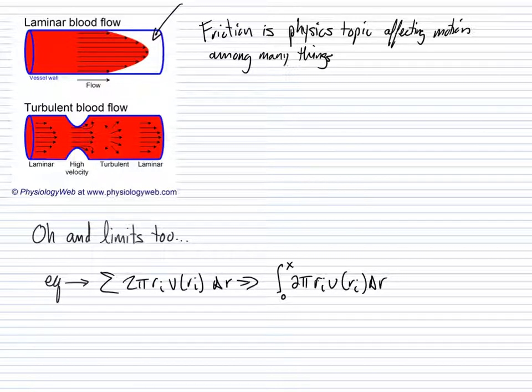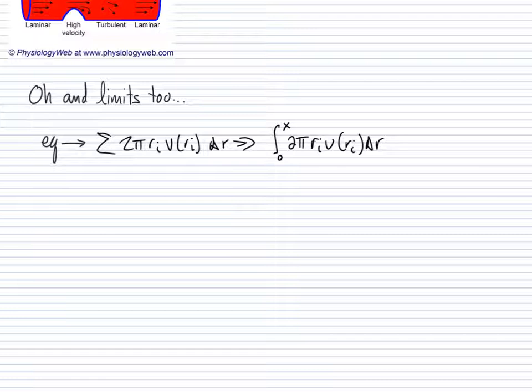Once we take this bound, we can take the limit as r goes to infinity, so that our bound is now r, and there's a 0 down here. This goes to 2 pi Ri V of Ri delta R.